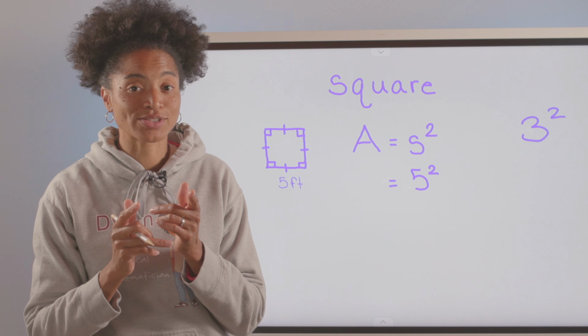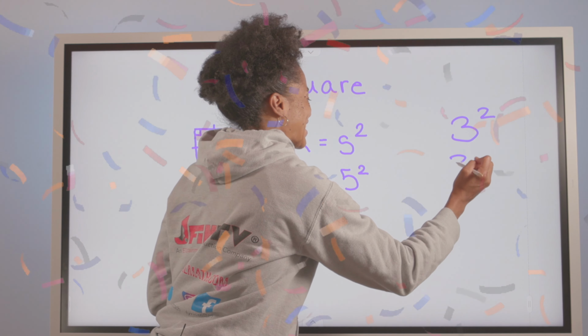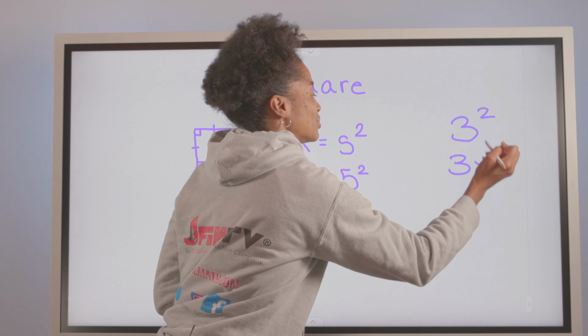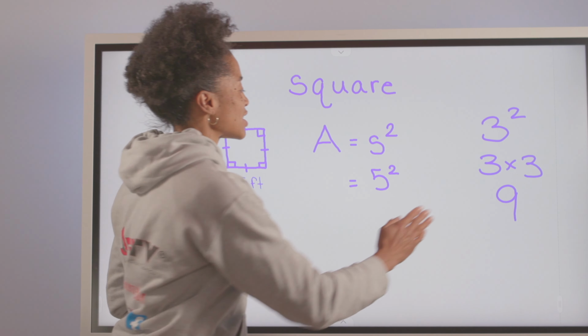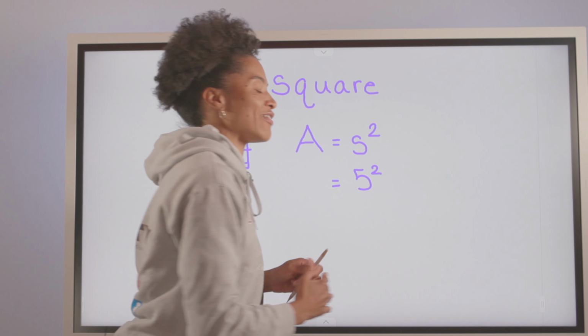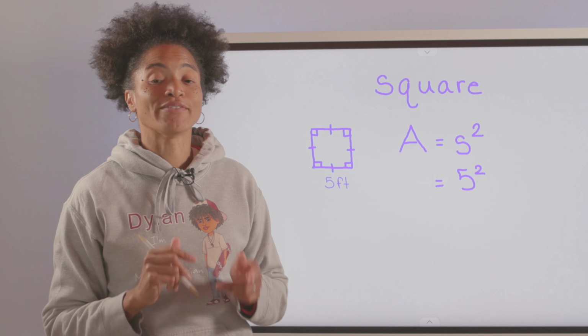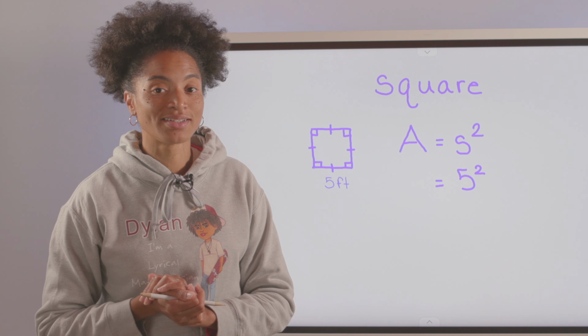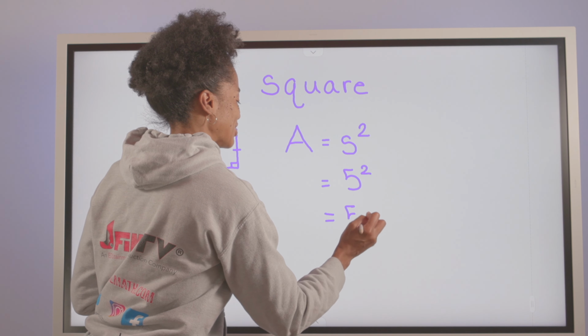Did you say 3 times 3? Bring down the confetti, please. We have a scholar on deck. So we have 3 times 3, which equals what? 9. But in our case, with our square, we have 5 squared, which means what? 5 times 5. Do you know what 5 times 5 is? 25. Outstanding.